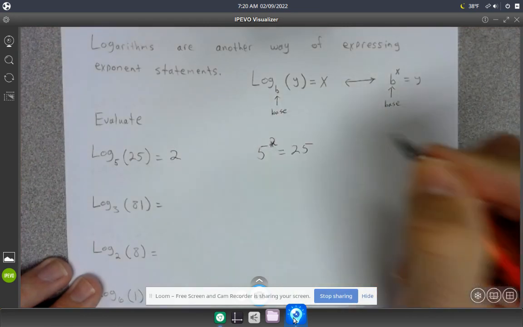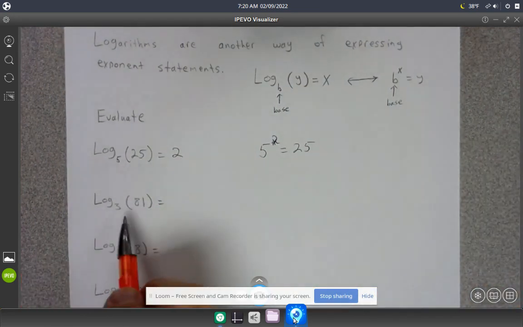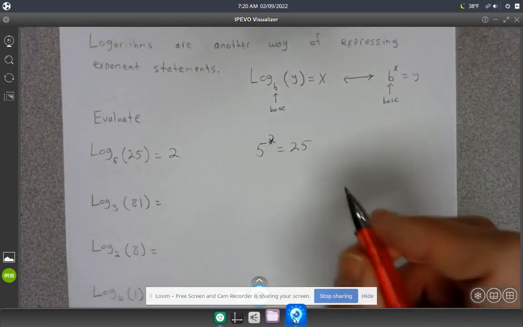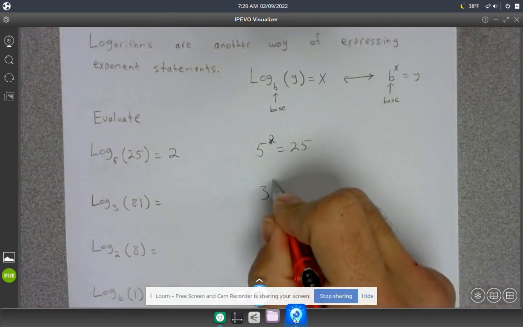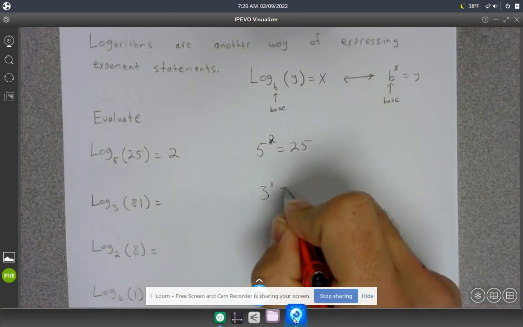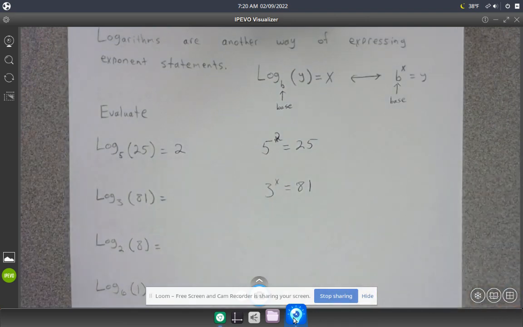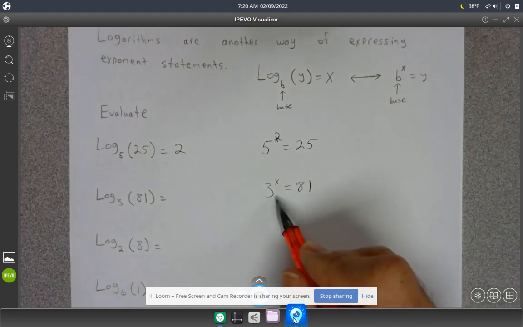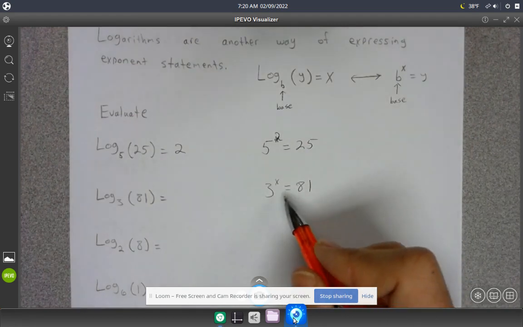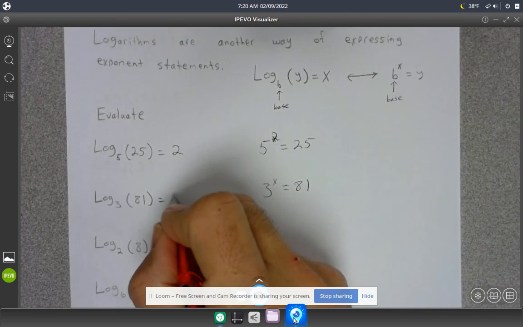If we wanted to know log base 3 of 81, 3 to some power is equal to 81. Let's see here, 3 to the third is equal to 27. Then if you do another 3, 27 times 3, you'll get 81.